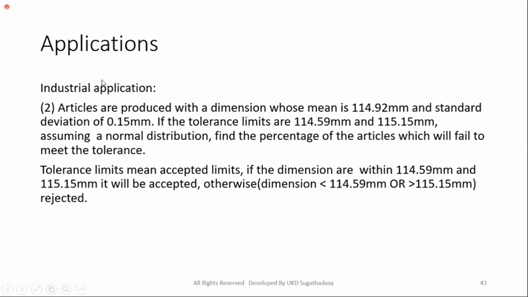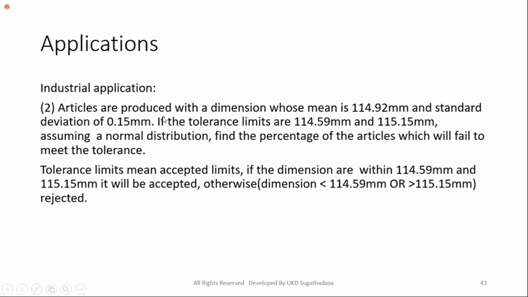Now see, this is the industrial application. Now you can understand, if I explain this industrial application slowly, how useful this kind of normal distribution table is for quality control in industry. See the first example: articles are produced.